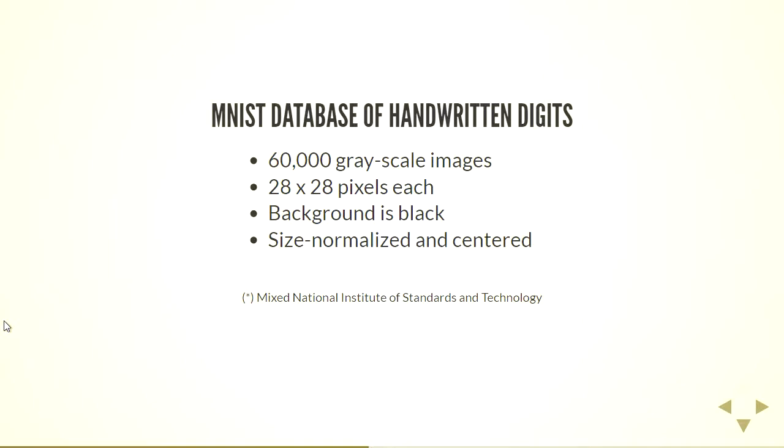28 by 28 pixels each, and they're normalized, which means that from the bigger scans they took, they made sure, because it might have been blue pen, it might have been red pen, whatever, the background is always black and the digit white. It's grayscale, so apart from gray values, you have nothing in there.